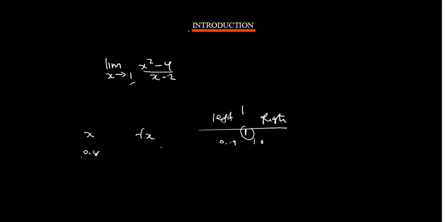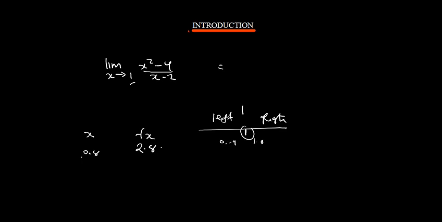When we put 0.8 there, it will be 0.8 squared minus 4 over 0.8 minus 2, which will give us 2.8. So we get 2.8. Again, we can test another number there.